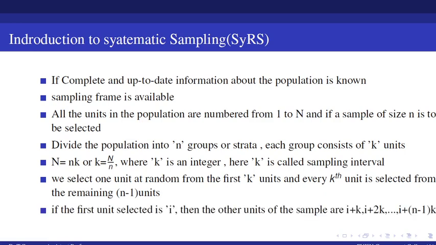If the first unit selected is i, then the other units of the sample are i plus k, i plus 2k, and so on, up to i plus n minus 1 times k. Here, the first unit i decides the total sample to be selected from the population.